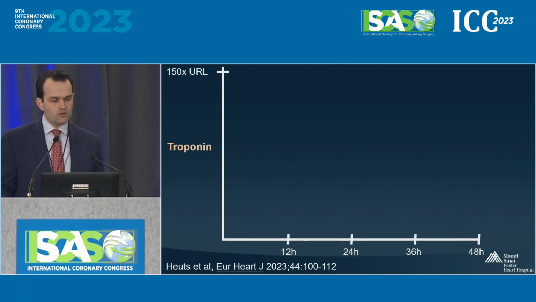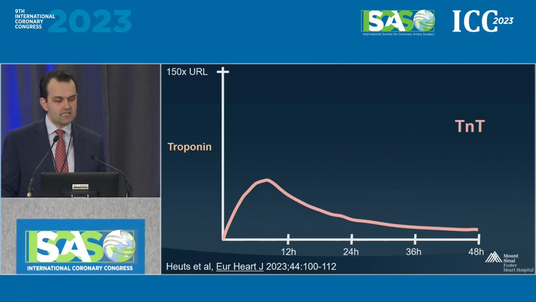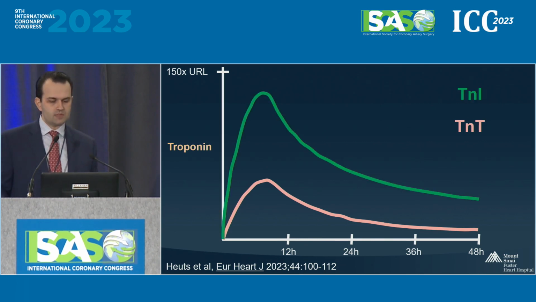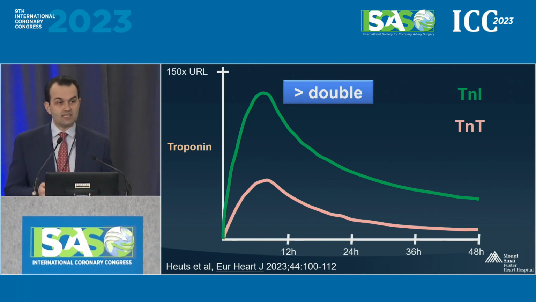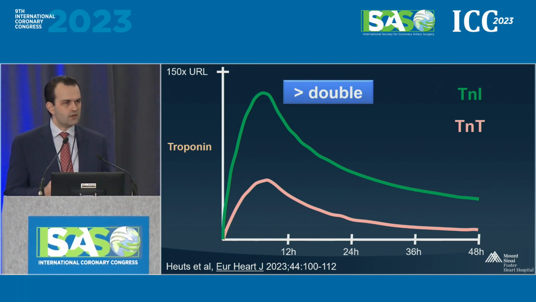And notably, if you're looking just at troponin T, you might see substantially lower spikes than you would anticipate with troponin I, which can lead to a more than twofold difference in the peak magnitude of troponin that you would see after cardiac surgery. To the extent that each of our institutions may specifically have in its laboratory one or the other of these assays, it's important when thinking about definitions of cut points for myocardial infarction to be very precise in which measure is being used.